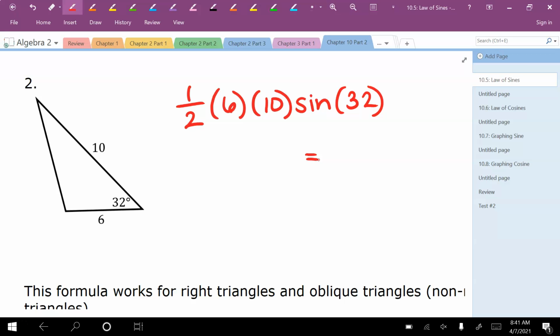And then if you round it, because I'm getting 15.89757793, I'm rounding it to the nearest tenth here. So I'm going to round that to 15.9. And then again, it should be u squared, because I don't know what this is being measured in.